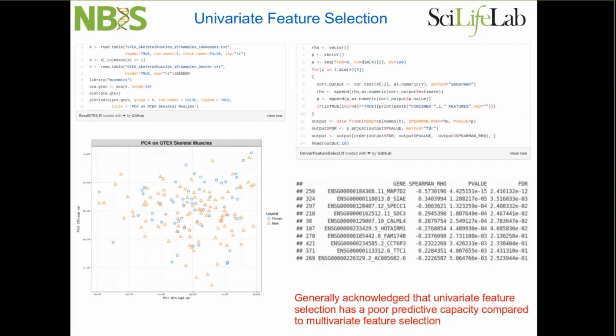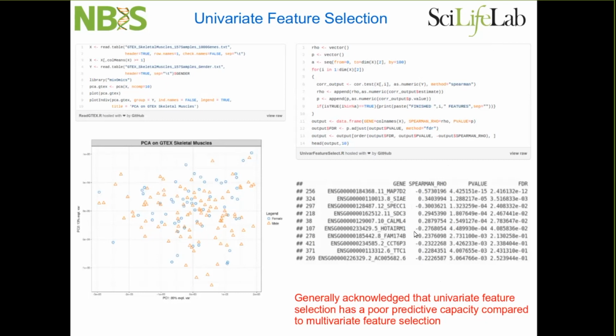One simple thing you can do is differential gene expression, or a correlation, like what I'm doing here. I simply correlate each gene with gender, and rank all my genes by their correlation with gender. There will be a lot of genes, maybe coming from the X and Y chromosomes, that are strongly correlated with gender, and they will be at the top of this list.